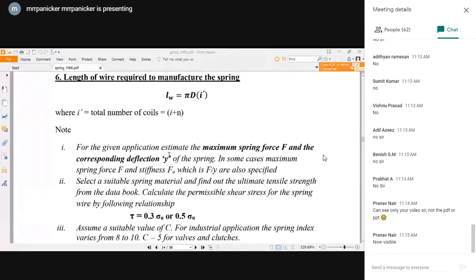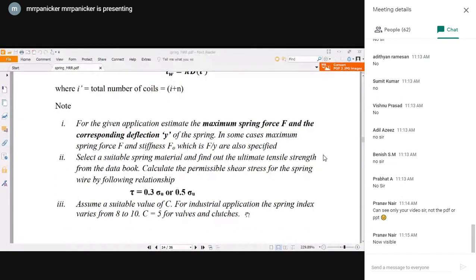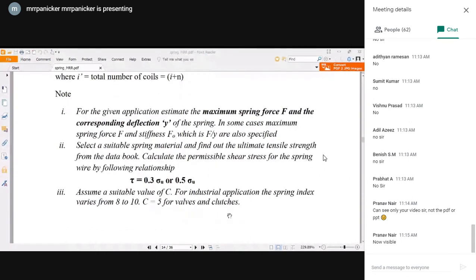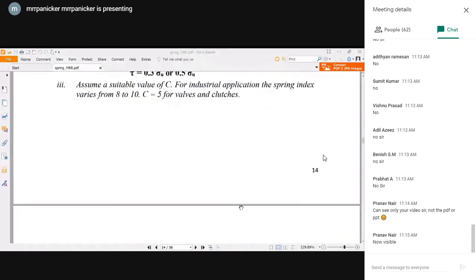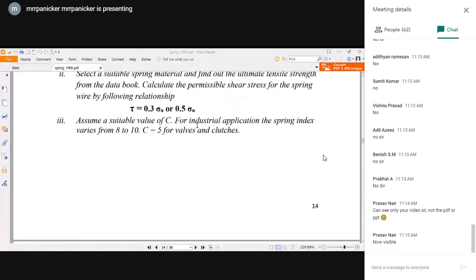The design stress, as I already mentioned, is 0.3 or 0.5 of sigma u, the ultimate tensile strength. The value of the spring index is 8 to 5, but it should not be less than 4 or more than 14.